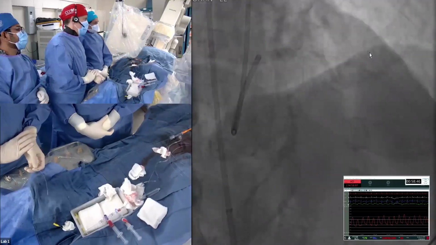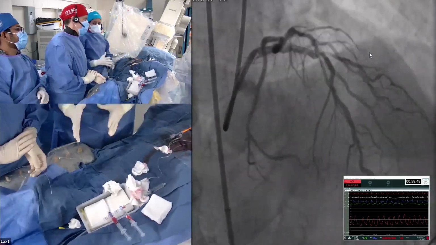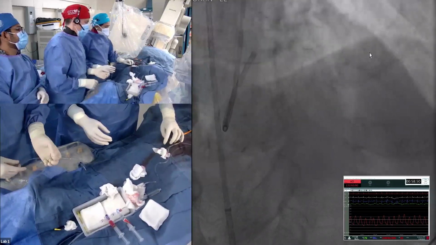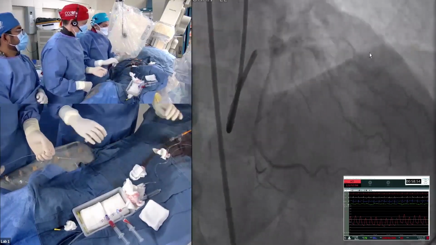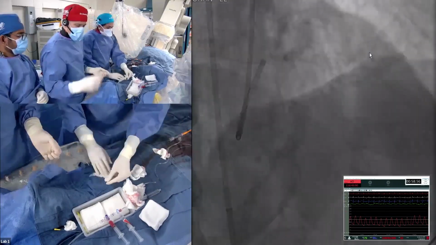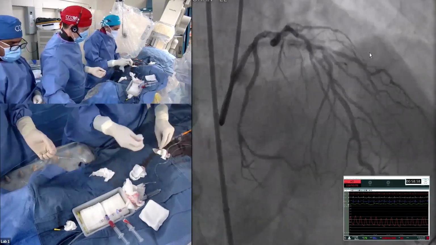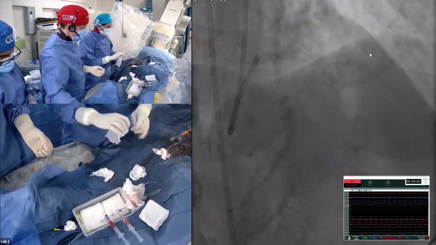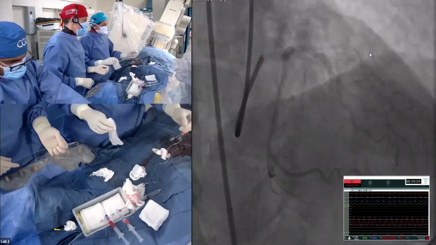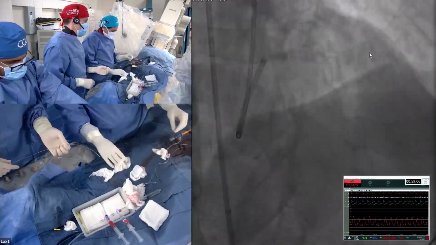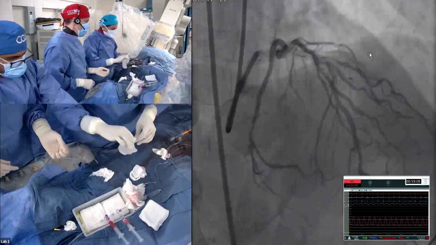But nowadays, since we have IVL, we will image both. Now, IVL may not go into the diagonal, but let's at least image and then make a decision. Maybe he's right that we may want to do rota of the diagonal itself. There's no dissection, so I think that is a possibility. So we're going to image both quickly.